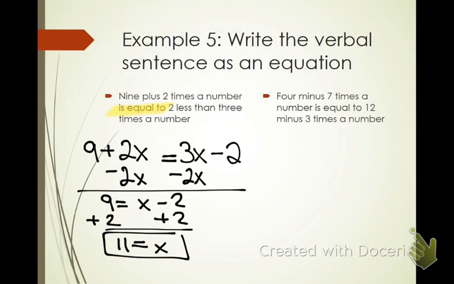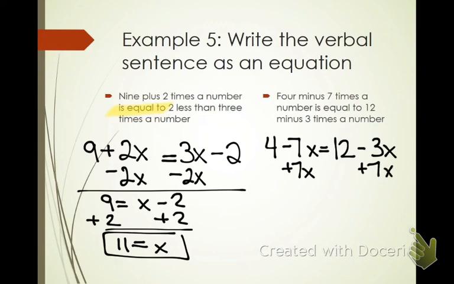Now try to do the second one all on your own. So 4 minus 7x equals 12 minus 3x. Which one did you move? Negative 7x or negative 3x? Negative 7x. Very good. So if we're moving 7x to the right side, we need to subtract 12 over to the other side.